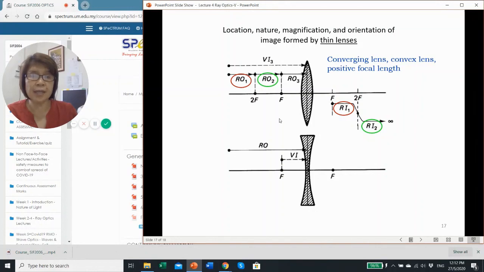And then as the object is brought nearer than f distance, the image now becomes upright and virtual, and it will be brought from infinity nearer towards the lens as the object is placed closer and closer to the lens. The size is larger than the object.